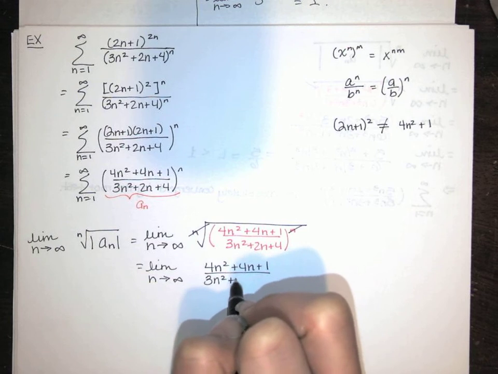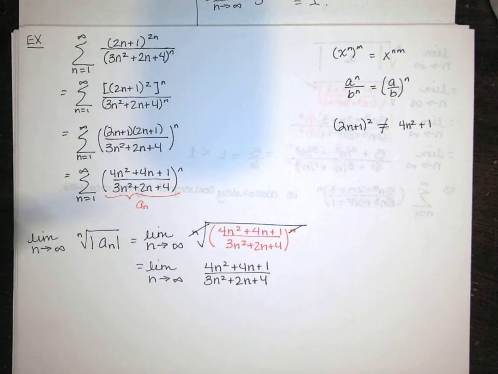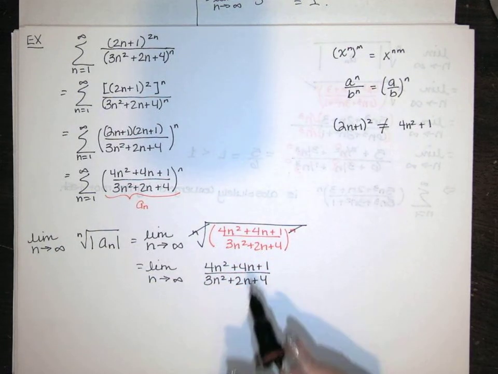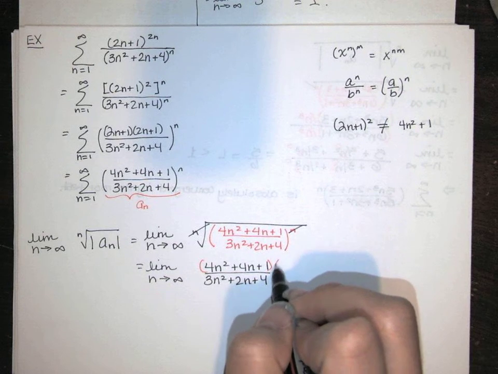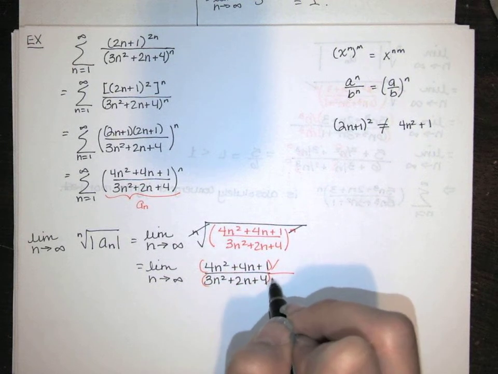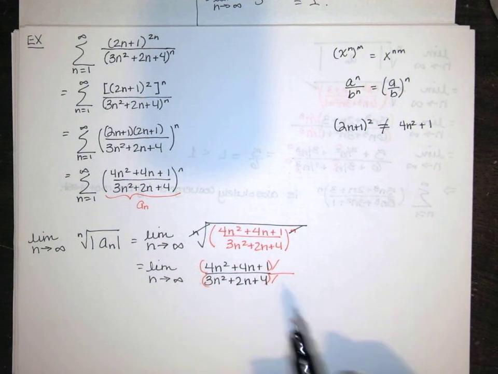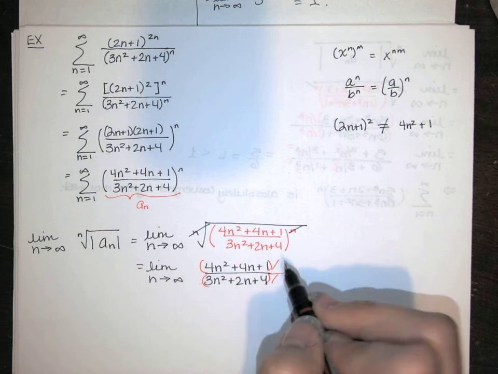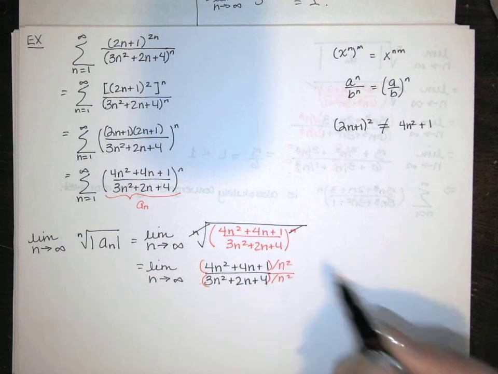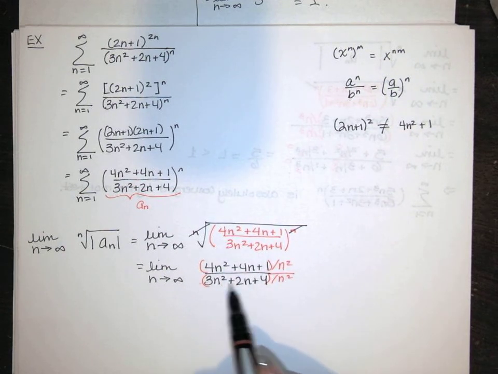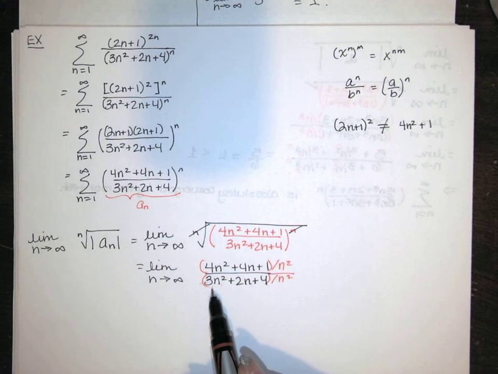And I've got another infinity over infinity indeterminate form with a polynomial over a polynomial. So we divide the numerator and denominator by the highest power of n in the denominator, which is this n squared. And remember why we do that. When we do that, this divided by n squared is just going to give us a 3.